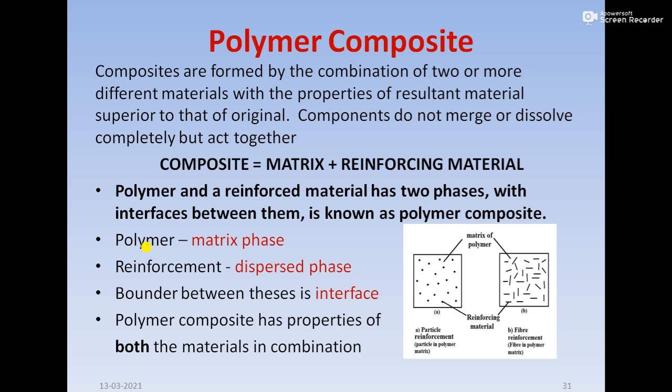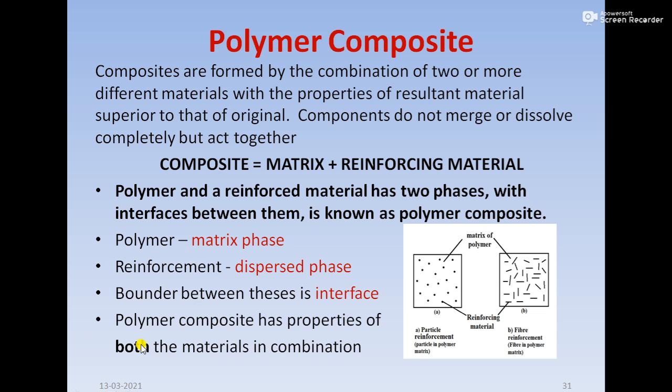Anyone you can use as a matrix phase. And for the dispersed phase, you can take particles or fibers. If you are taking particles as the dispersed phase, then it is called particle reinforced plastic. If you are taking fiber, then it is called fiber reinforced plastic.